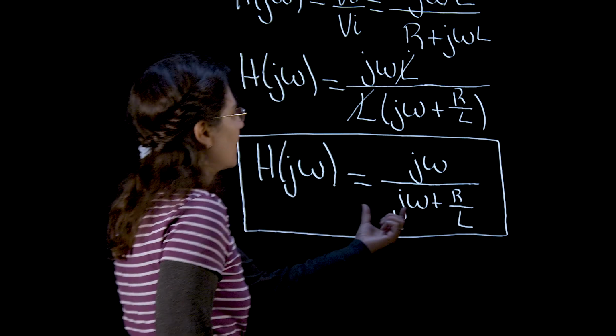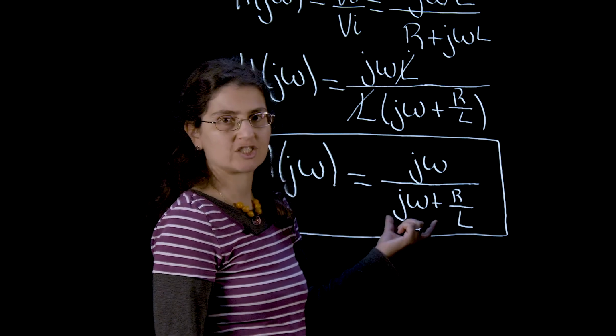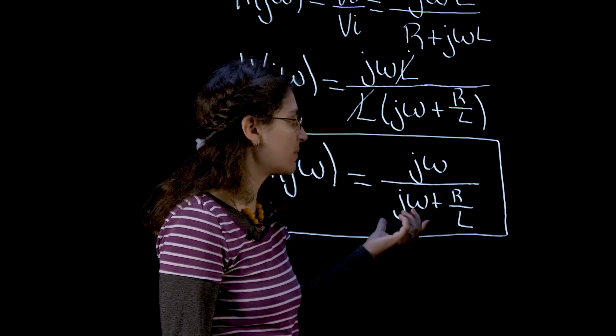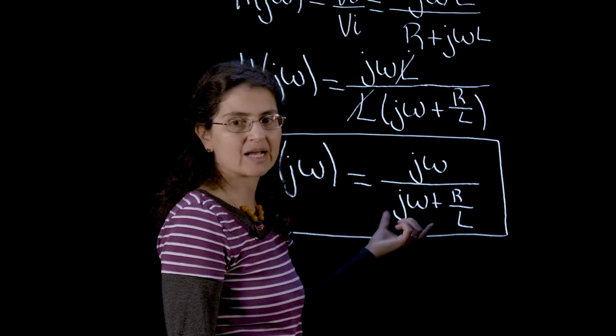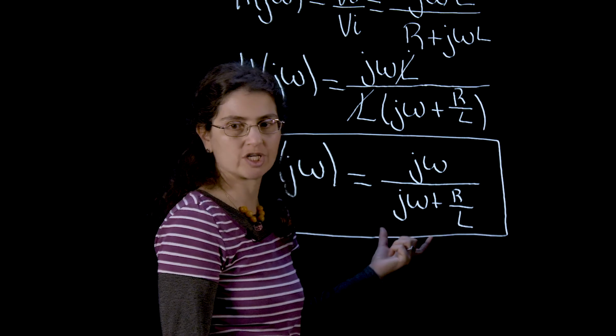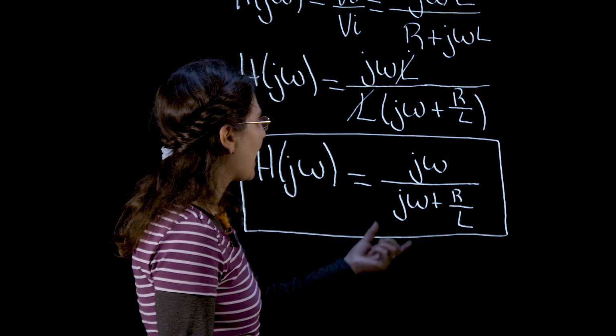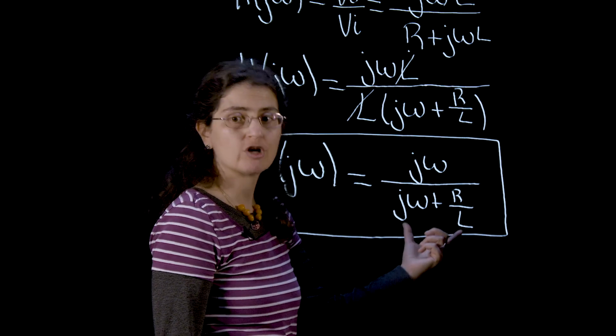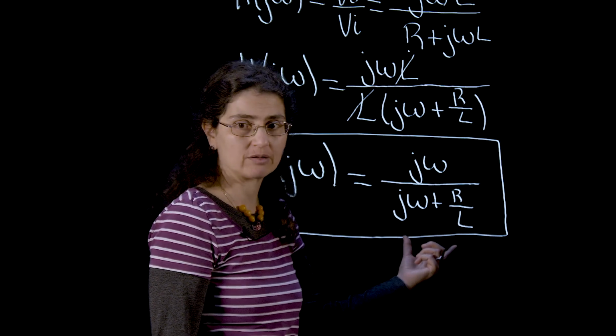In this case, our highest order term for j omega is j omega, so we don't have j omega squared or j omega cubed, so it's a first order transfer function. And therefore we only have one root, which in this case is R over L.